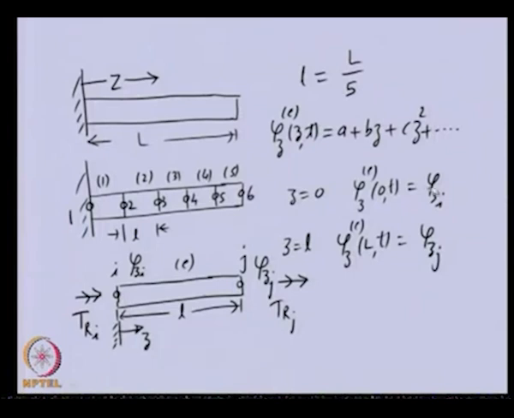So, we expect that these constants will be in terms of these field variables at nodes i and j.